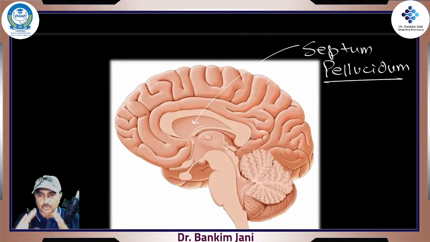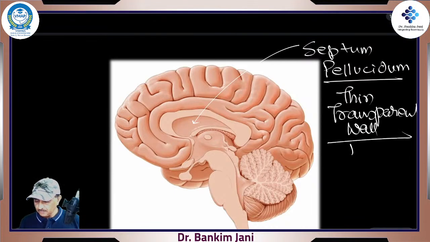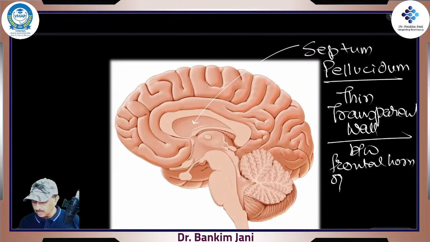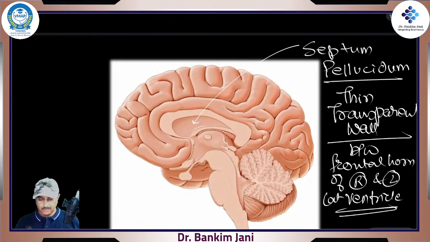That is how those ventricles were there. In between, it is the wall, a thin transparent wall. So between the anterior horns of the right and left lateral ventricles, that was the septum pellucidum, correct?